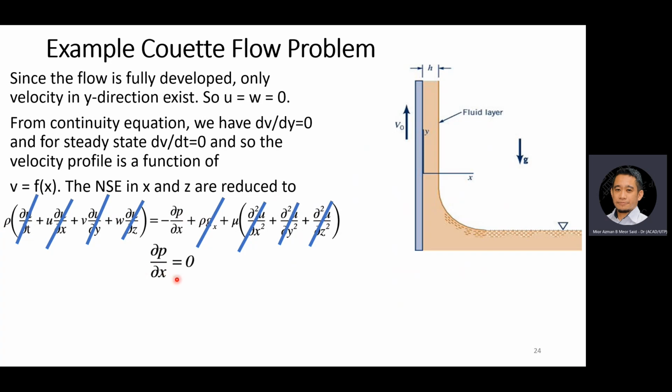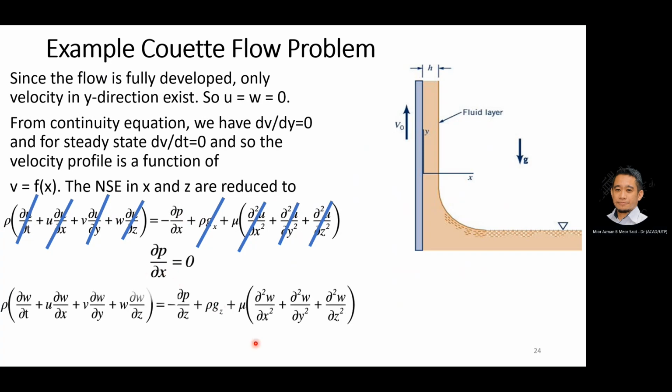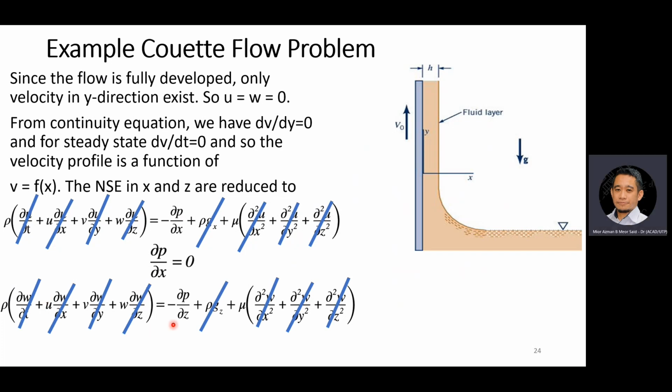So now we have partial p over partial x is 0, and partial p over partial z equals 0.